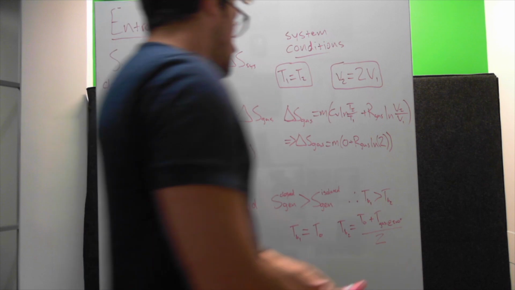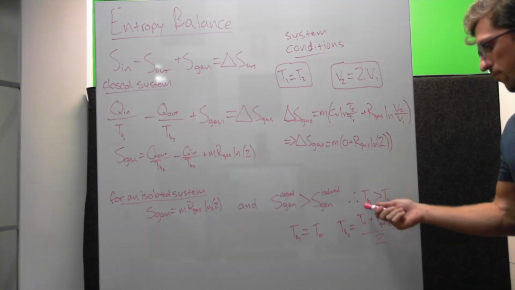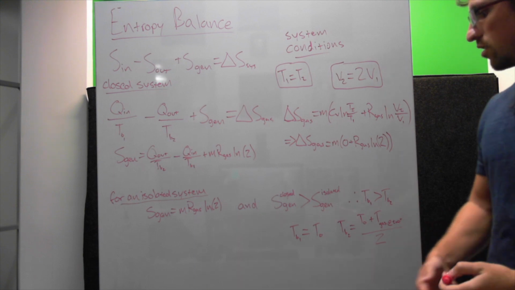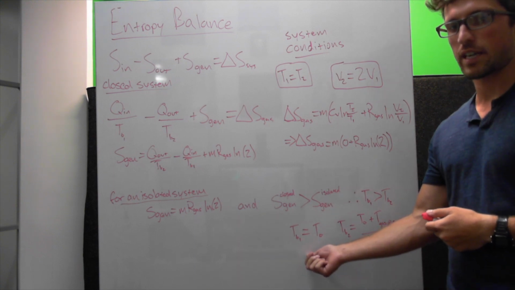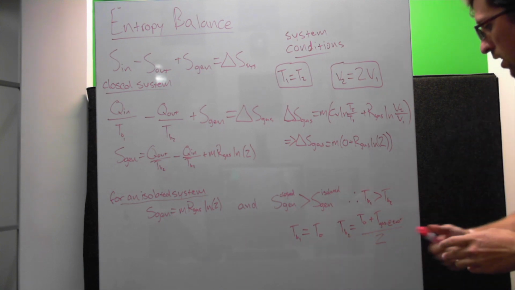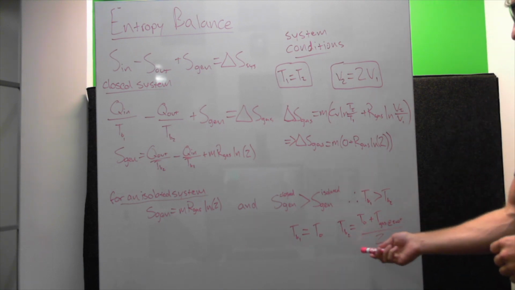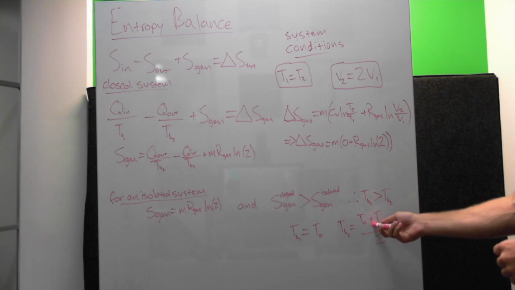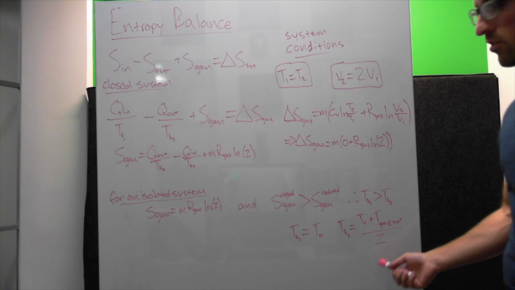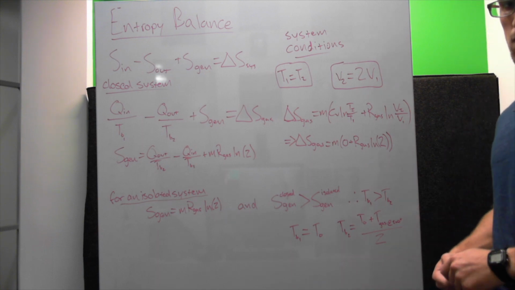So how that works is the first boundary temperature must be greater than the second boundary temperature. The first boundary temperature, since our gas is in equilibrium, is just going to be equal to the surrounding temperature. And our second boundary temperature is going to be the surrounding temperature plus the temperature of the gas once it expands, and we're going to divide that by 2 to get a rough average of our boundary temperature.